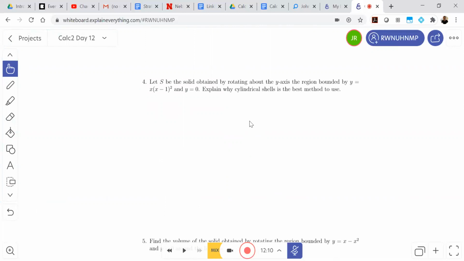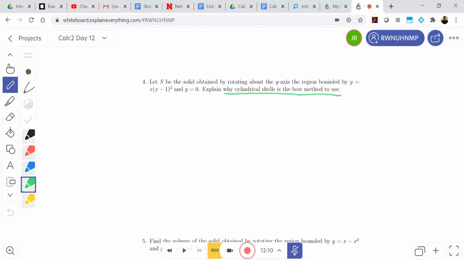Let's set up this integral using the method of cylindrical shells, but let's also take some time to talk about why cylindrical shells is the best method to use in this particular case, because this will become an issue for us: looking at a problem and figuring out whether we want to use the disk or washer method, or cylindrical shells. Okay, so let's take a look.